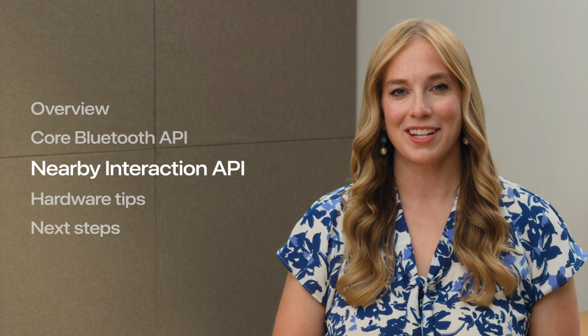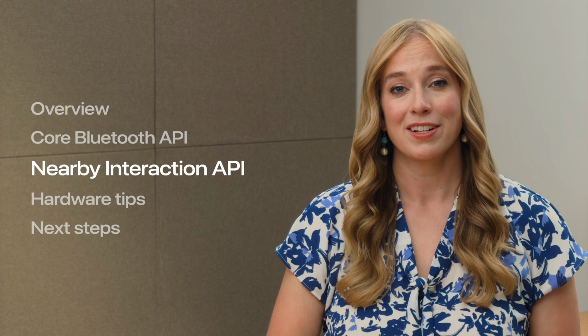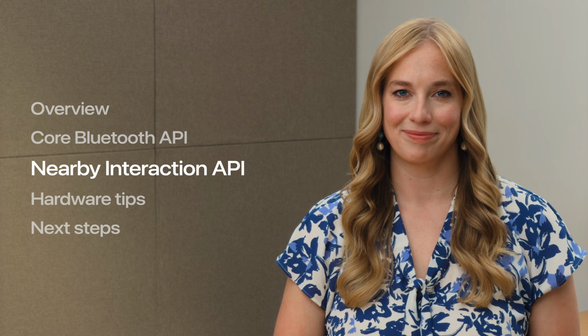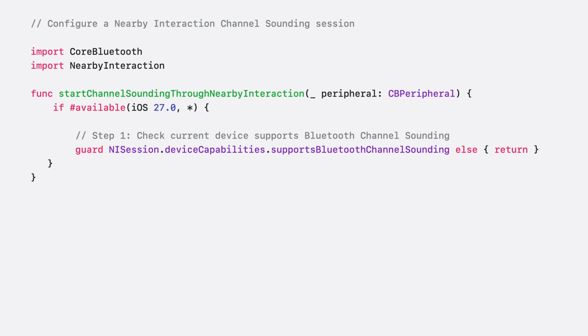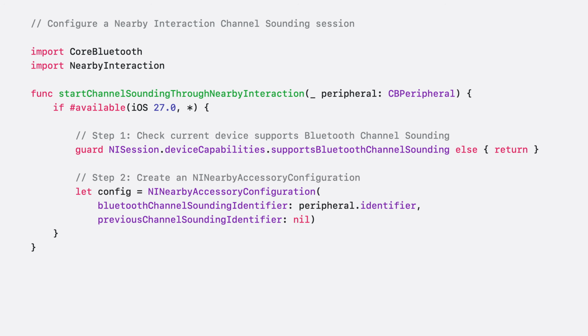Next, I'll tell you how to use Nearby Interaction to measure distance and direction. Again, ensure your accessory has been paired and set up through Accessory Setup Kit and connected by Core Bluetooth. Before creating a channel sounding session, check whether the local iOS device supports it with the supportsBluetoothChannelSounding method.